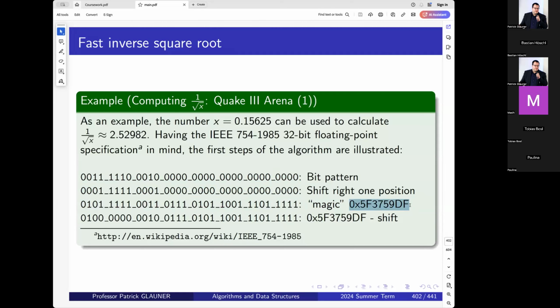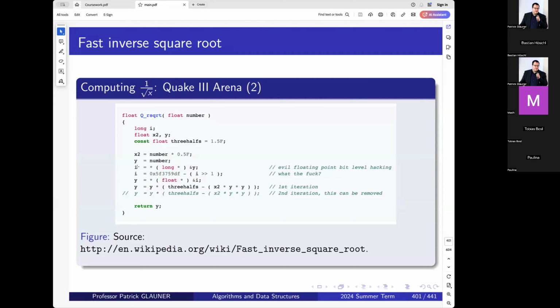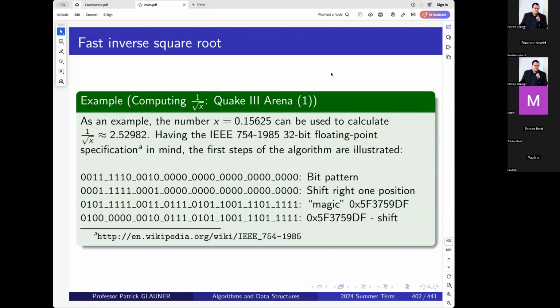So this is some number in the IEEE 754 format. And then we saw the next step was we took this magic number and we subtracted the bit shifted input. The result is, if you take this so-called magic number and you subtract the shift, you get this one here.